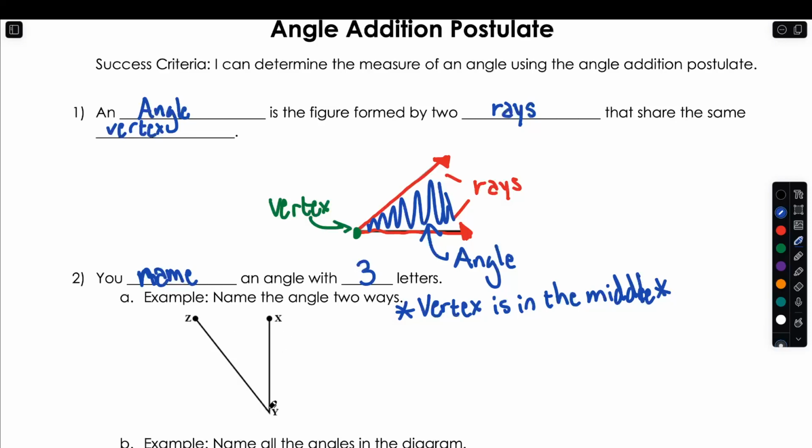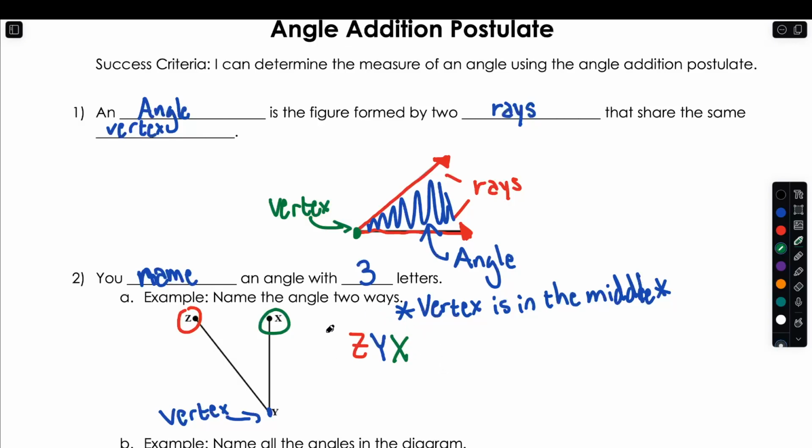So when we look at our angle here, we've got our 2 rays, YZ and YX. And then Y is my vertex. So I know that the way that I name it, Y is going to be in the middle. So I'm going to take 1 point from one of the lines, we'll put our vertex after it, and then we'll put the second point after that.